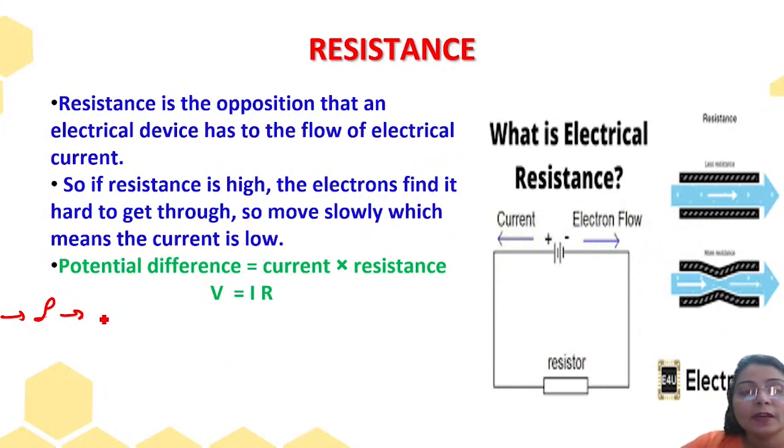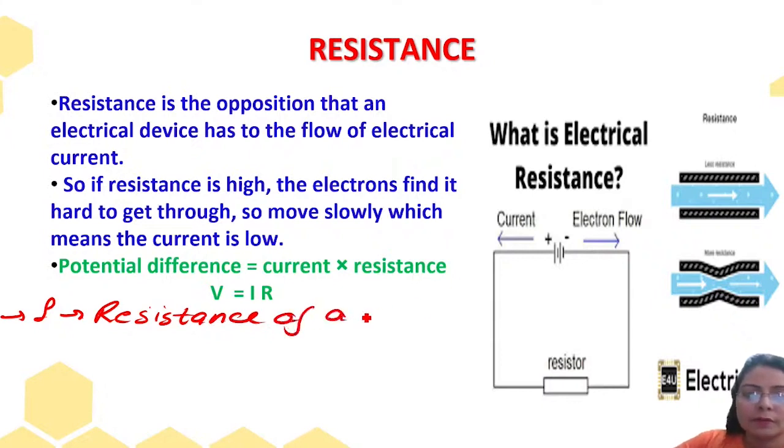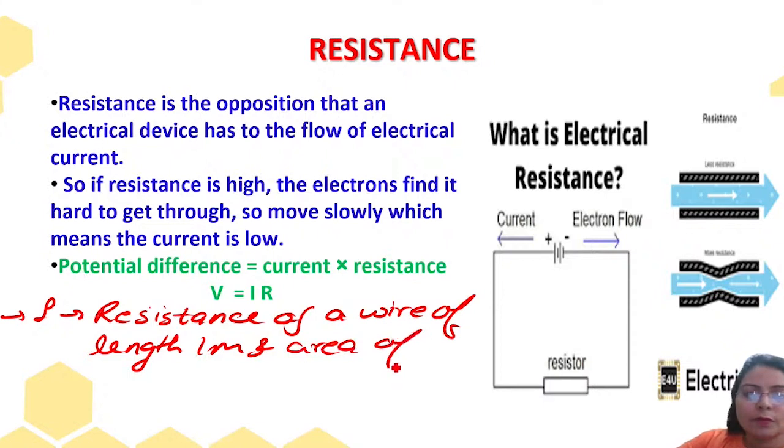So, resistivity is the resistance of a wire of length 1 meter and area of cross section 1 meter square.